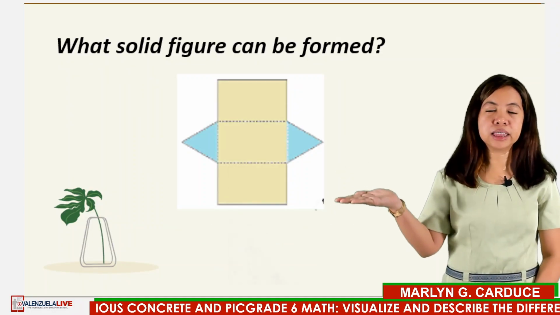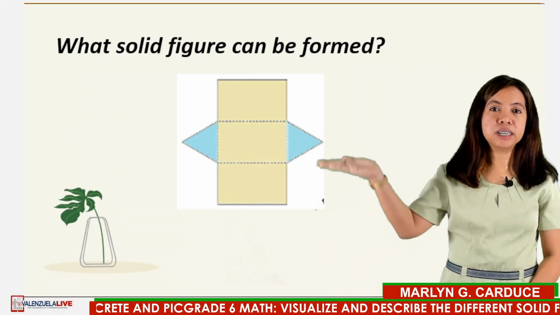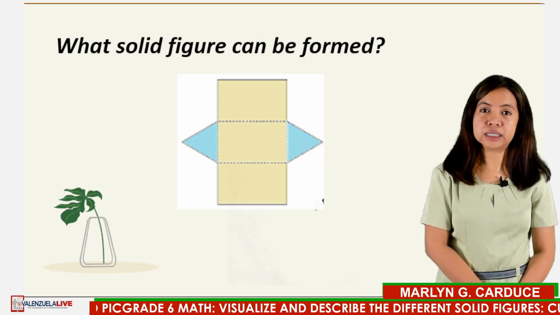Another example of a net. So we have 3 rectangles and 2 triangles.